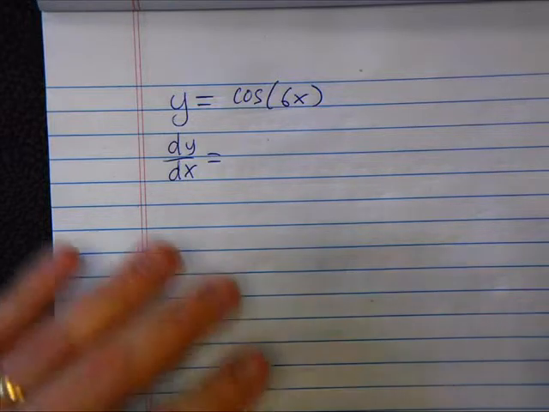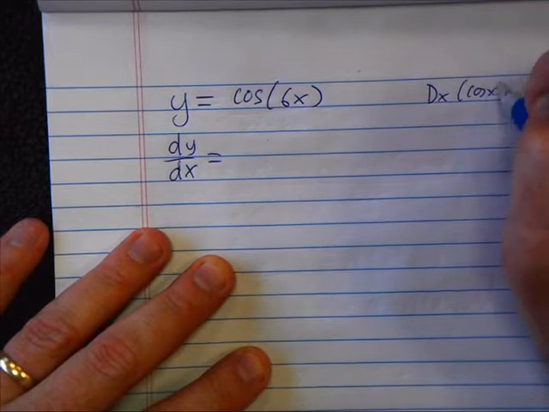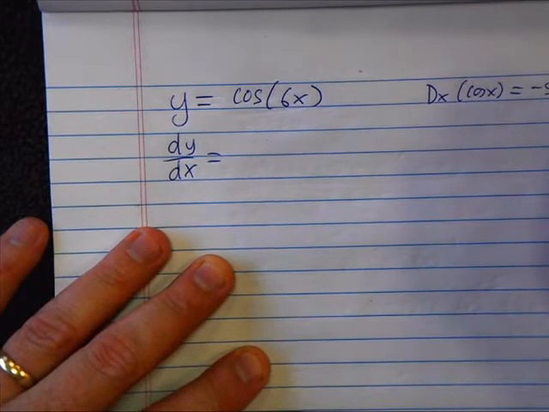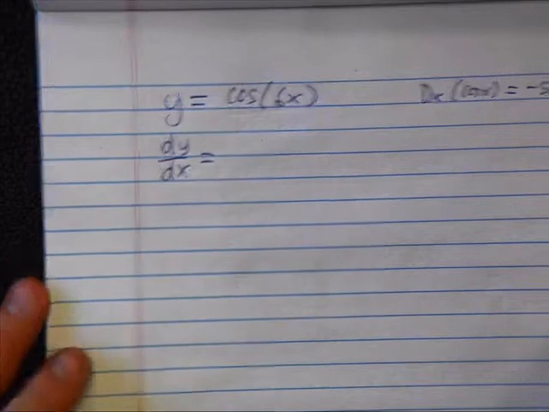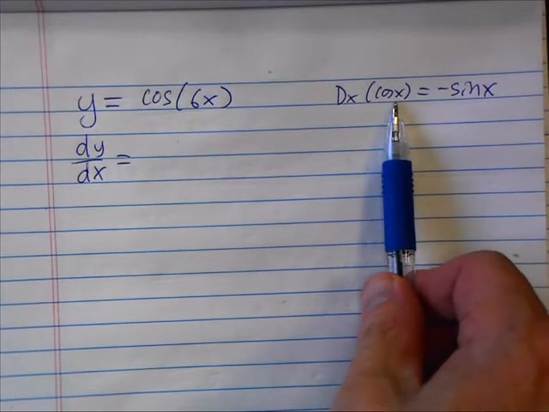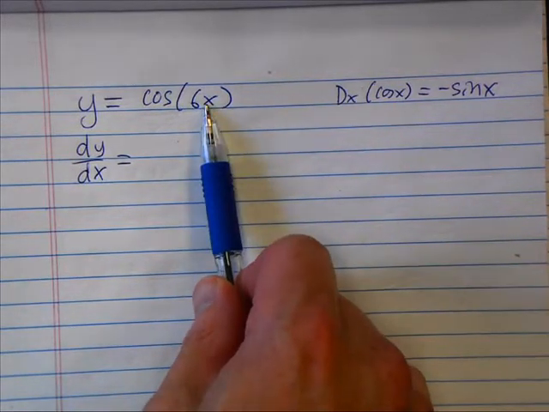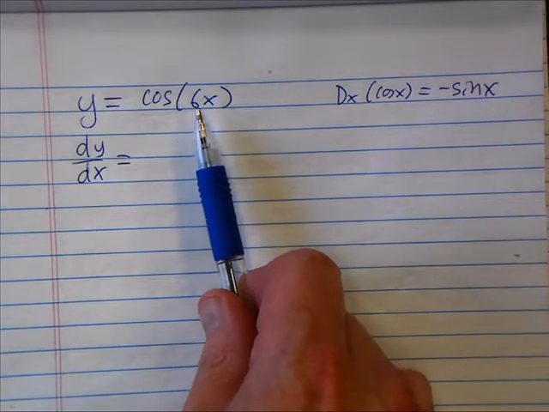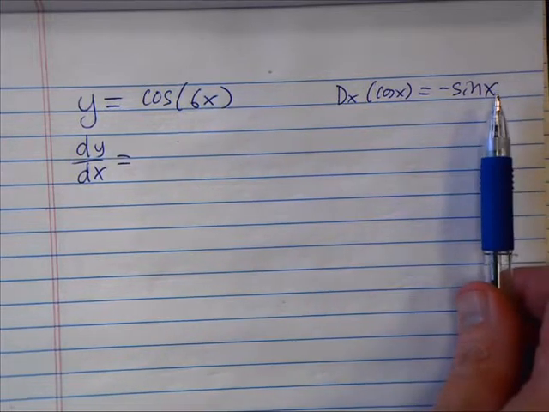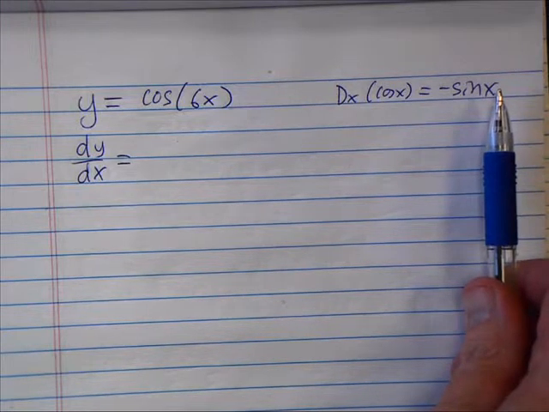All right, I know that the derivative of cosine x is negative sine x. But that only works when I have just the simple little x there. Once I have something more complicated than x, such as 6x, that rule doesn't quite work, but it comes close. What do I have to do? I have to use the chain rule.